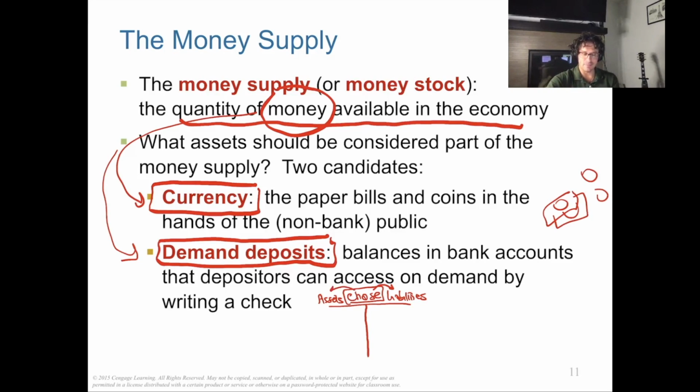On its assets side is what Chase does with these liabilities. Where does it invest? For instance, Chase possibly has some loans, made to firms, say loans to Google, or it has some mortgages, which are credit for Chase.